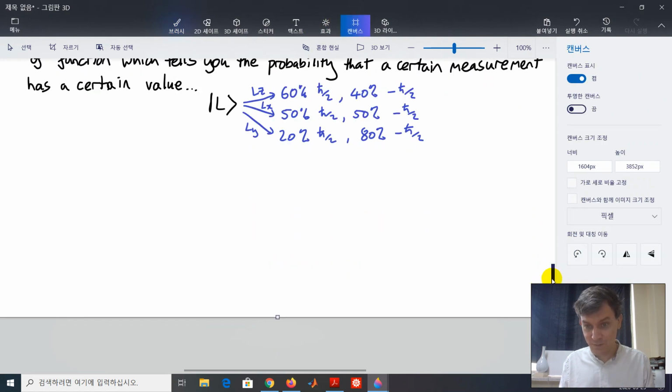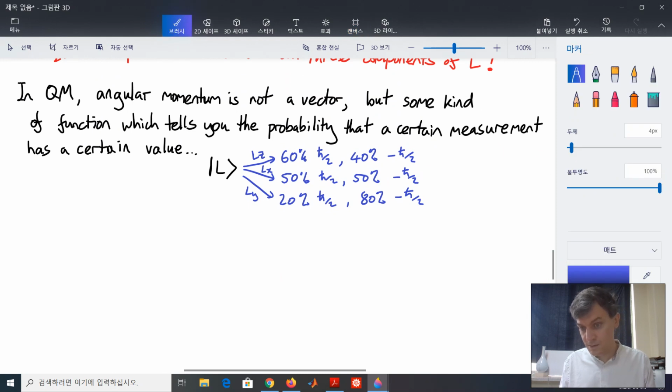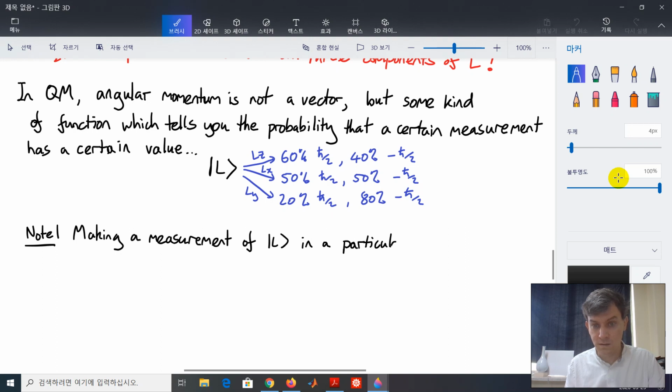Okay, so just need to make a couple of notes and then we can finish. Making a measurement of L in a particular direction changes the values of probabilities of the next measurement.